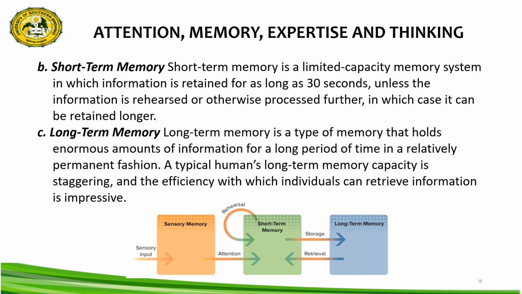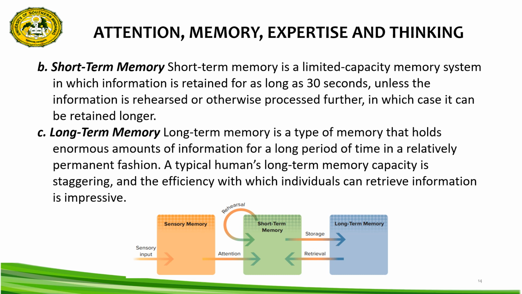So, as you can see, I have here a diagram of how our memory works from the three types of memory. From having a sensory input, it is stored first in our sensory memory.